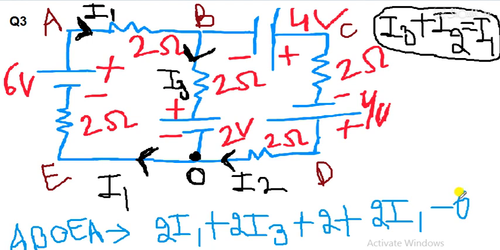Now the circuit is complete, the loop is complete, so -6 equal to 0. So this is the equation that we got from the loop A, B, O, E, A. This loop you can see on the screen with the cursor, A, B, O, E, A.